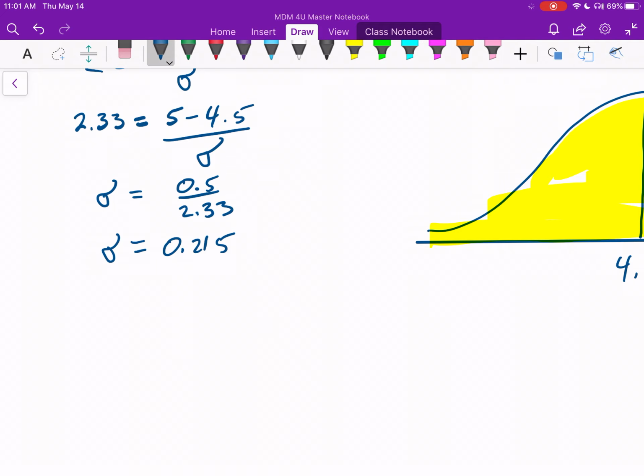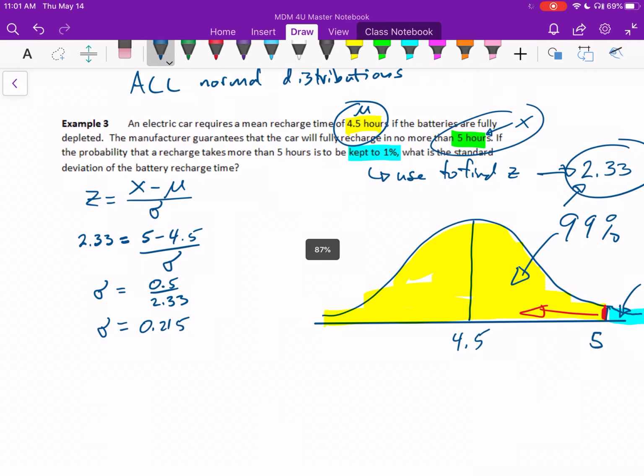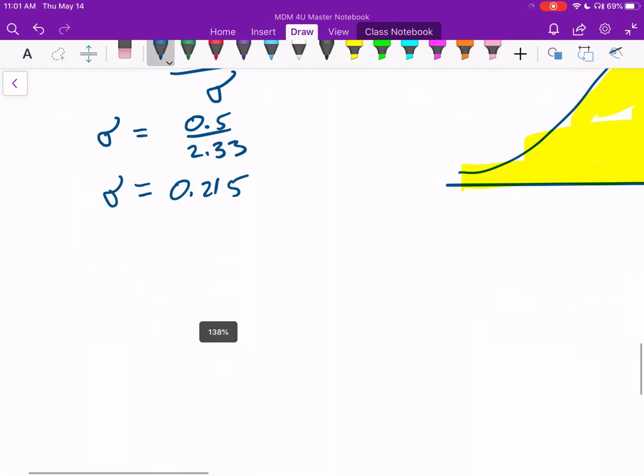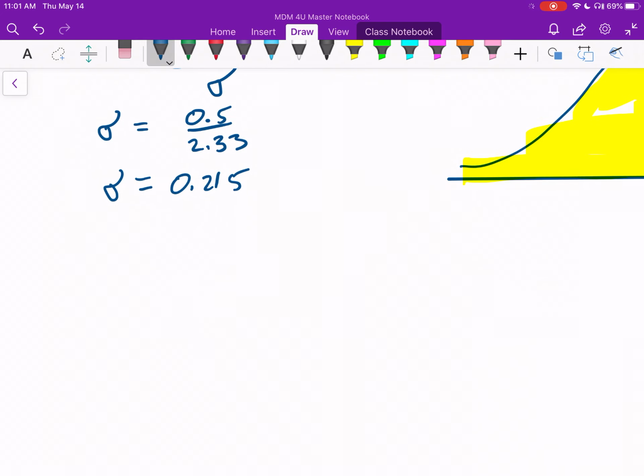What does that mean? What are the units? Well, the standard deviation units are always the same as the units that we're measuring, mu and x. So we're talking hours. So the standard deviation has to be 0.215 hours.